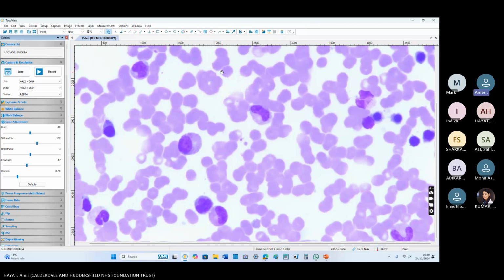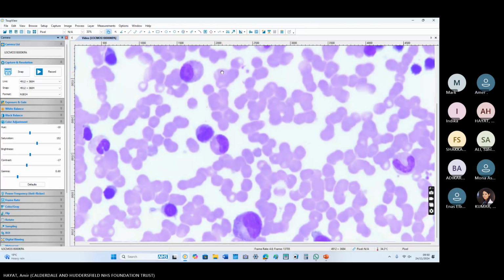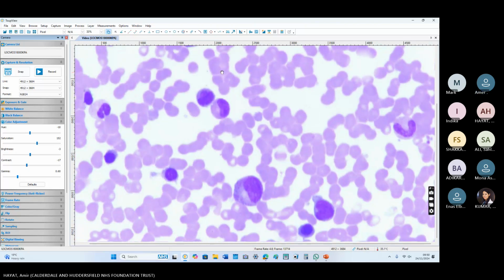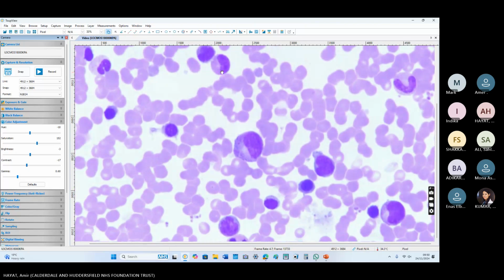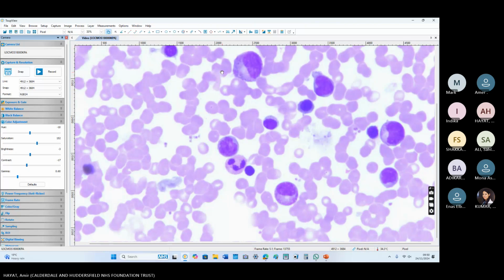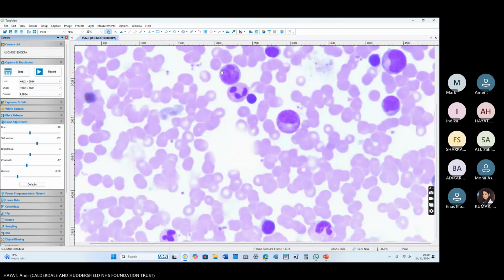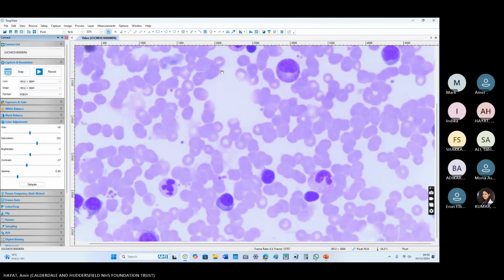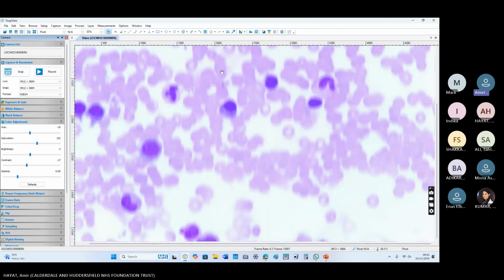All right. So this is the thinnest area in this aspirate. Any comment on this aspirate?